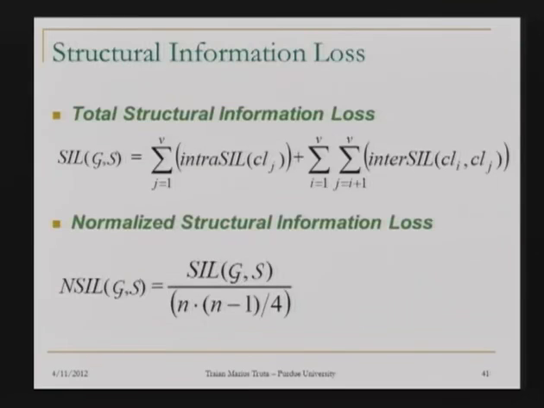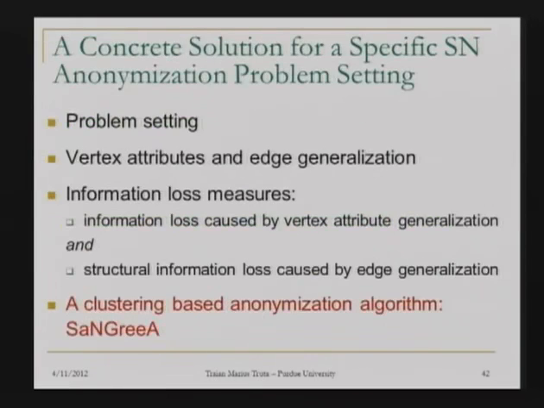Now, why did we come up with this normalized structural information loss? We just wanted to bring it to between 0 and 1, and the maximum number is computed as n times n minus 1 over 4, so we bring it to 0 to 1. Now, in order to find a solution to our problem, we needed an algorithm, and the algorithm, unfortunately, is not an optimal algorithm, it's a heuristic algorithm.